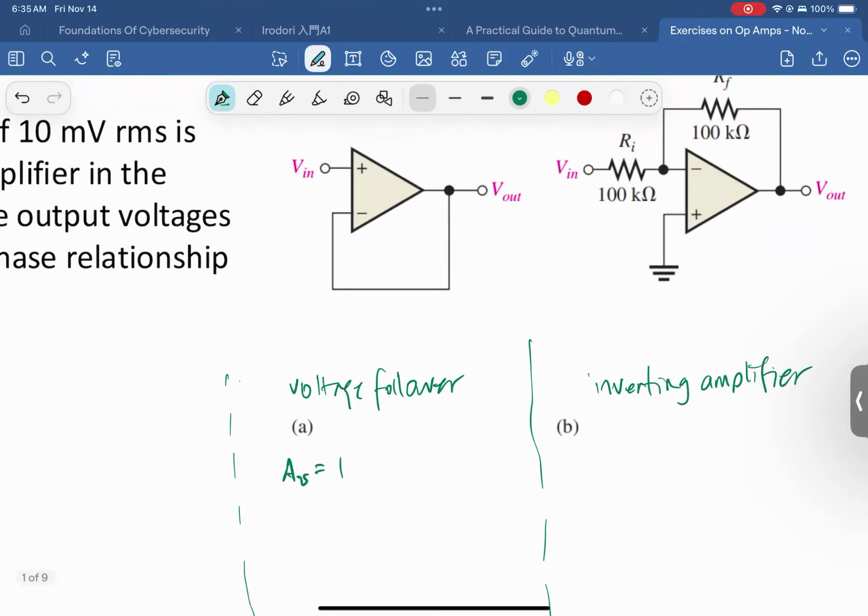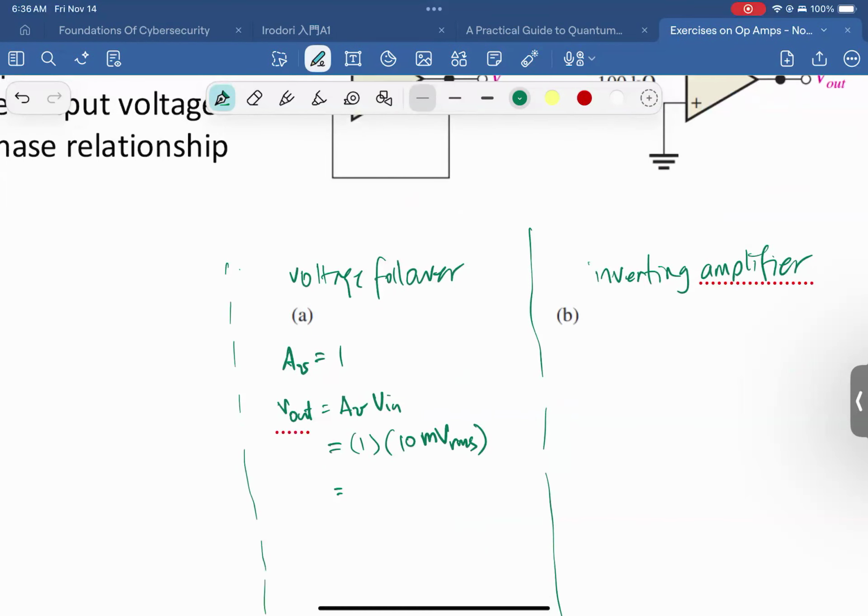Since ang V in is 10 millivolts RMS, and then yung V out is also 10 millivolts RMS.